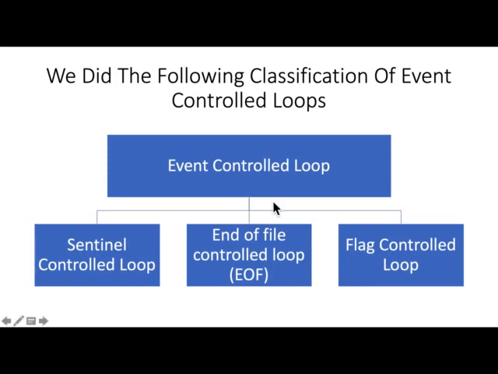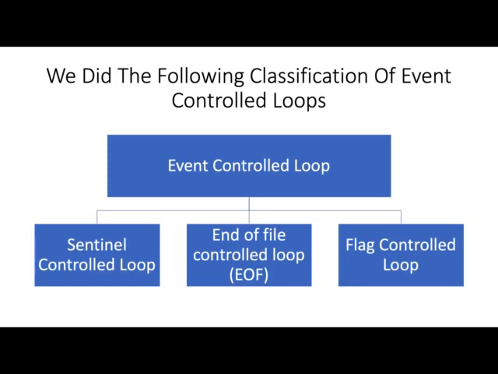So anyway, we have three types of different event control loops. Sentinel control loop, discussed in video 2. The EOF loop, most of which will be discussed in video 4, but in this video we'll basically learn how to work with files. And last will be flag control loop, and we'll talk about that maybe in video 6 briefly.